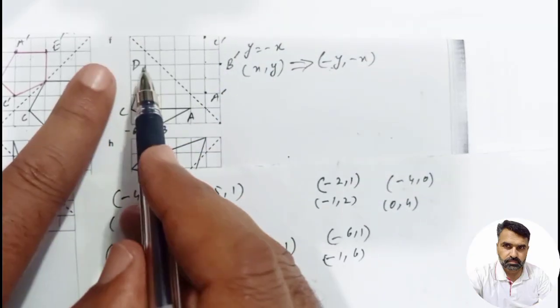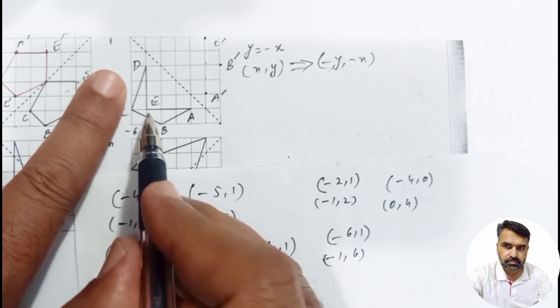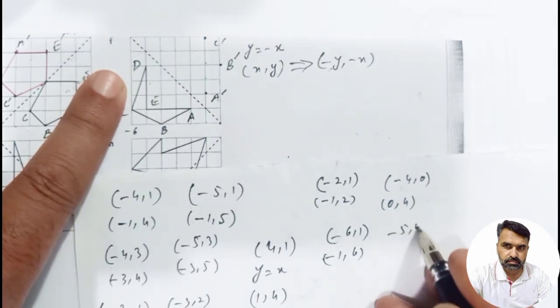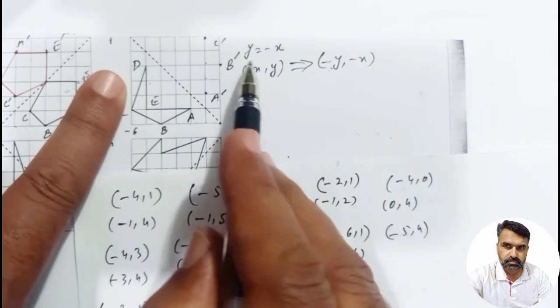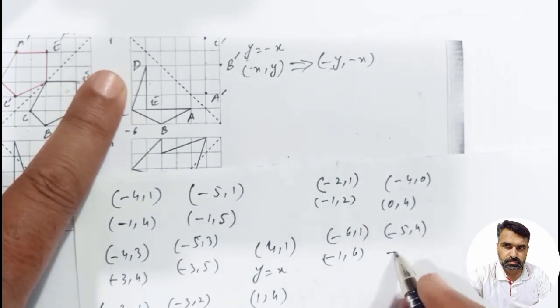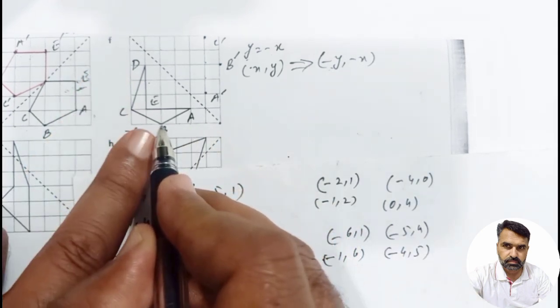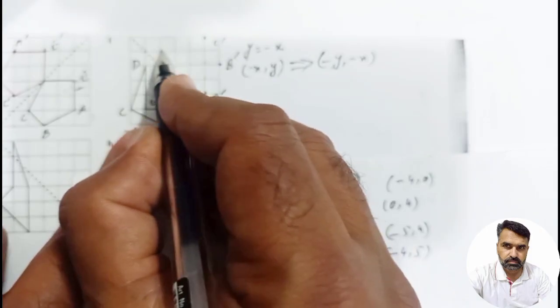Now look at the coordinates of point D. It is -5 and 4, and according to this equation these coordinates will become -4 and 5. So this point will be D prime.